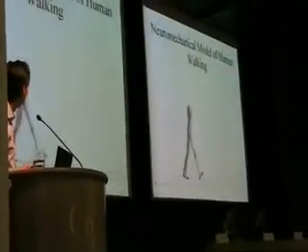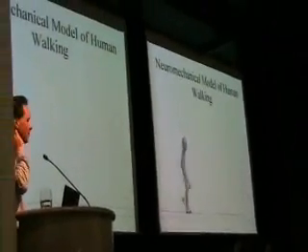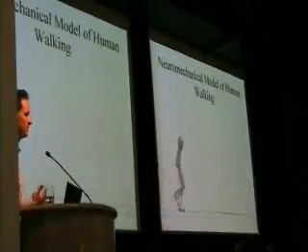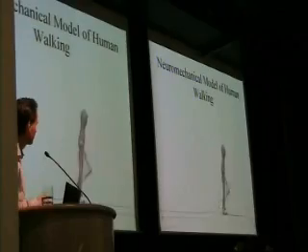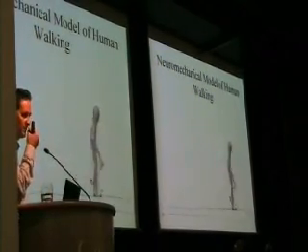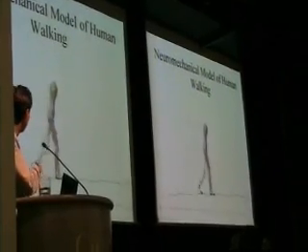So what we want to do is understand how the human body works, and then use that knowledge to motivate the design of the next generation of prostheses. This is not a cartoon, it's actually obeying the laws of motion. You can see the ground is continually changing.